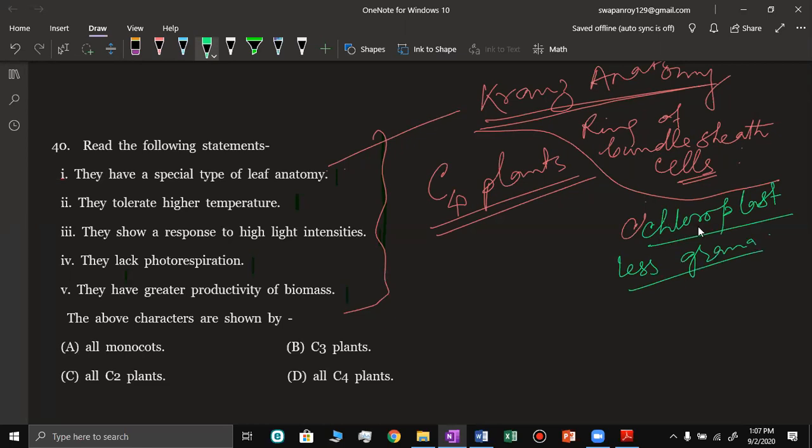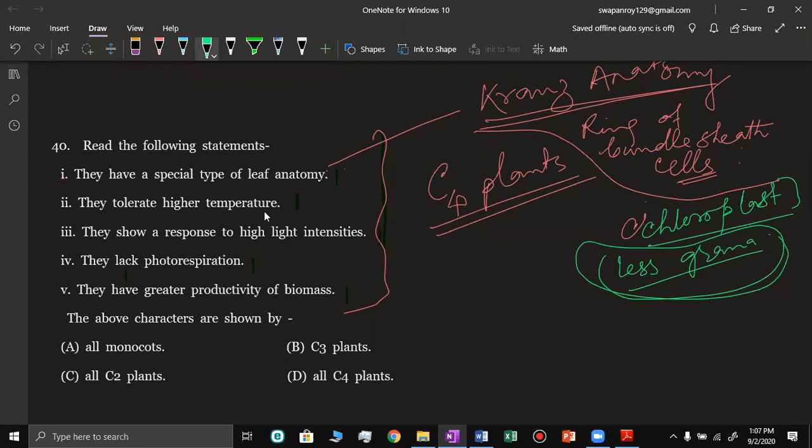Because the bundle sheath chloroplast does not carry out the light reaction. Light absorption is not required, so the grana organization is also not required. They carry out only the Calvin cycle, the dark reaction, so the stroma is there.